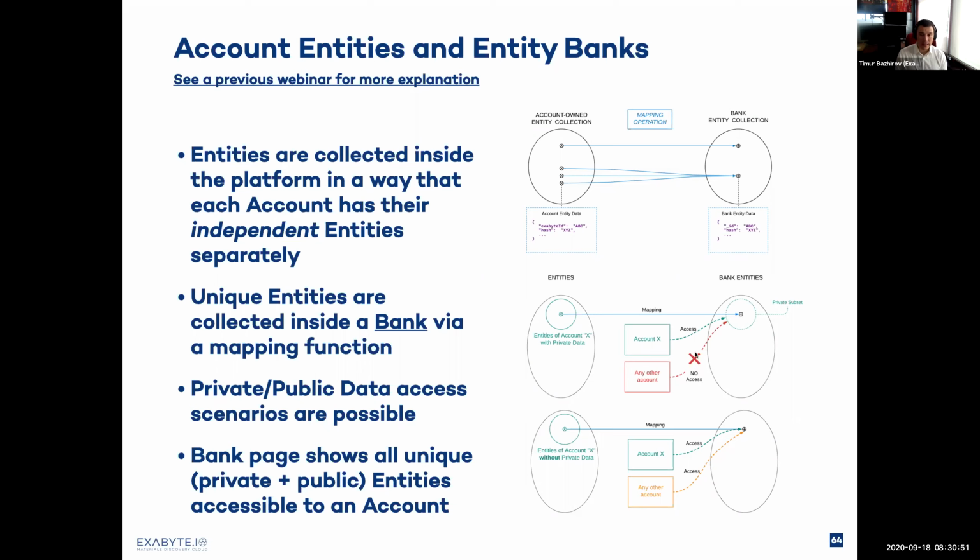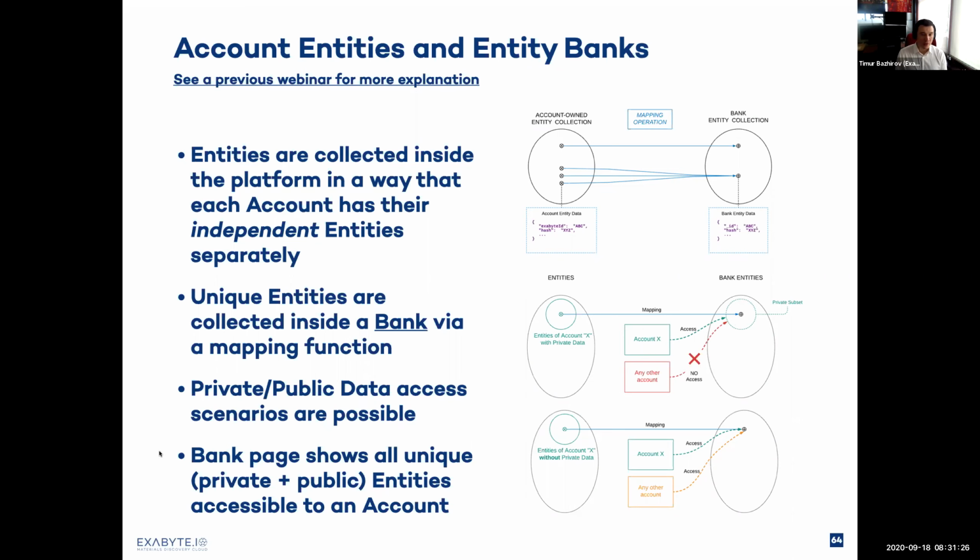unless an exactly equivalent entity was created by the account independently. So if we, by some coincidence, have two accounts that have created exactly the same material, then they would both be able to have access to this entity if they do that independently. But when the second account comes to view the bank items and they don't have an equivalent material created, they won't be able to see the entry because the first account has the private data enabled for it.